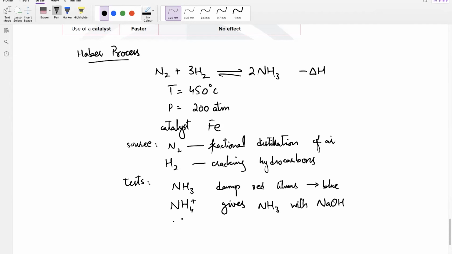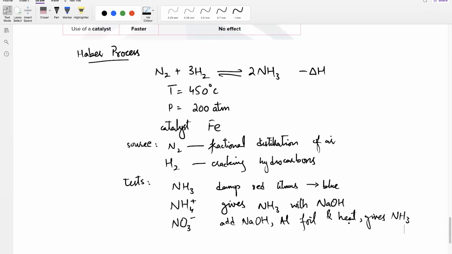Similarly, ammonia is also released when you have nitrate ion. Take the nitrate ion, you add NaOH, aluminum foil, and you heat it a little bit, and ammonia is released. So you see, three main facts you need to memorize, three main tests for ammonia in your syllabus.